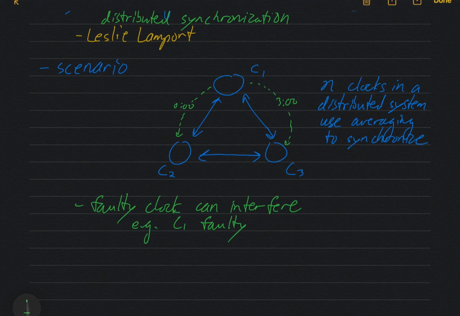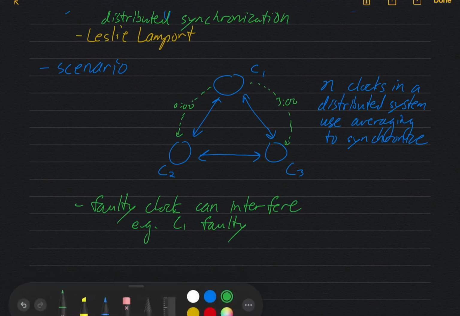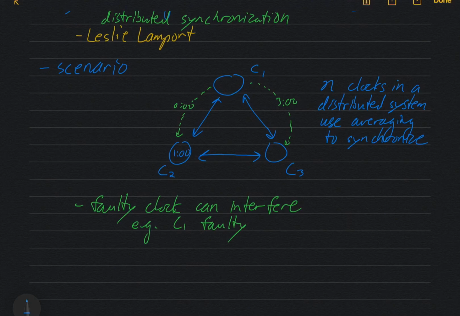Now clock 2 thinks that it is 1 o'clock, and it faithfully tells the other clocks that, and clock 3 thinks that it is 2 o'clock. If clock 2 and clock 3 were able to somehow exclude clock 1's values, they would arrive at a time of 1:30, the average of their values.